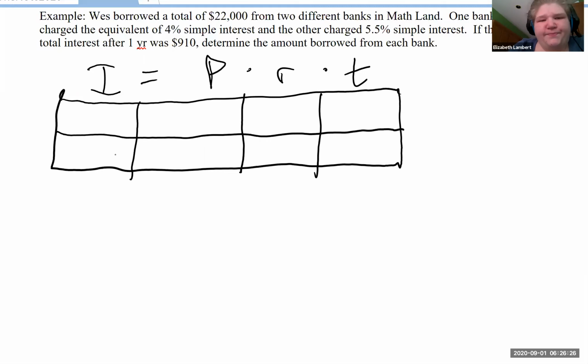This can look a little weird, so bear with me. So there's also technically an invisible third row that I don't actually call a separate row, but that is the total row. Because some of the things they tell us have totals. Totals are also where we're going to find our equations.